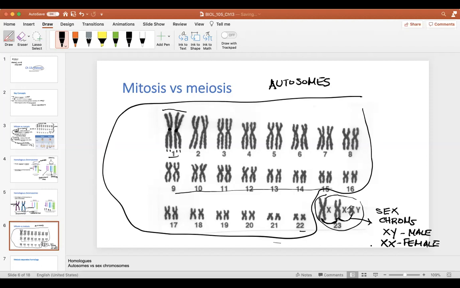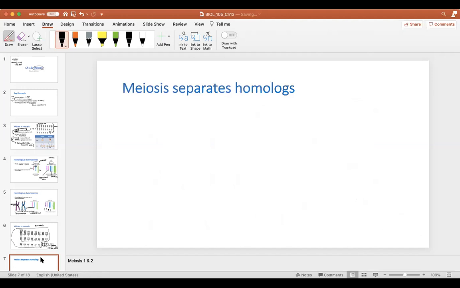But if you're female, your sex chromosomes are XX, and if you're male, your sex chromosomes are XY. Okay? All right, now that we understand a little bit about chromosomes, we can have a conversation about what happens during meiosis.